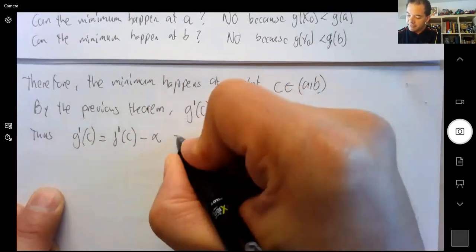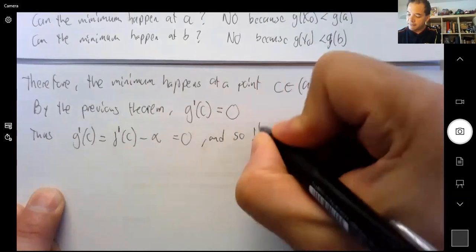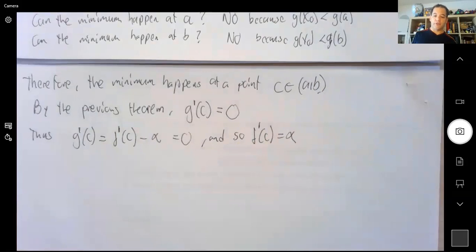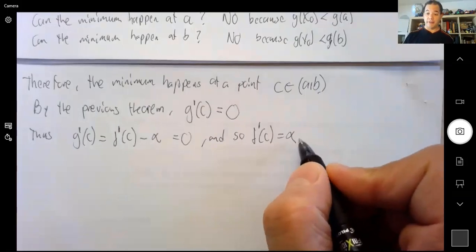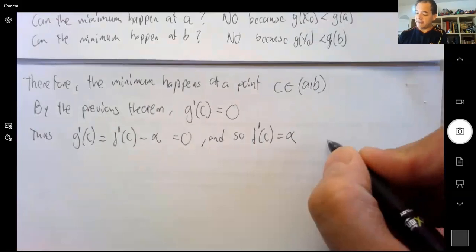So this is 0, and that means f prime of C equals alpha, right? So as a consequence, we showed that the derivative of f happens to be the intermediate value, the alpha value we wanted in the first place. Okay, and that's the end.